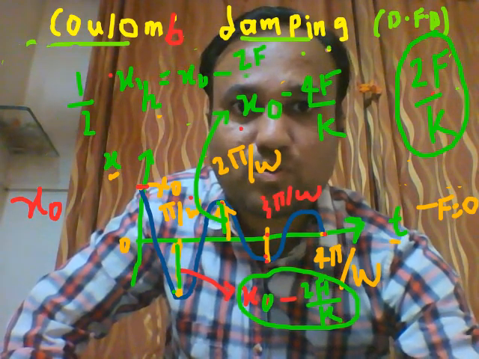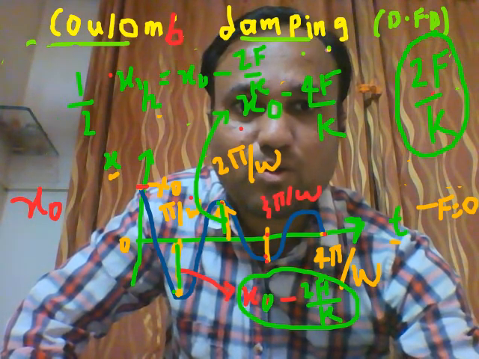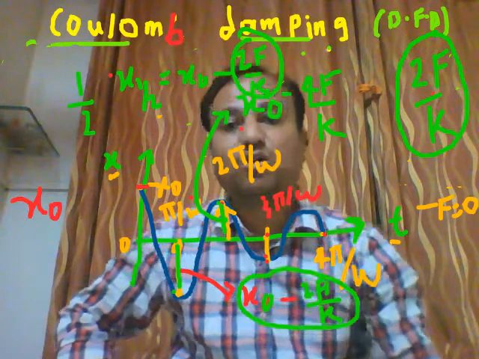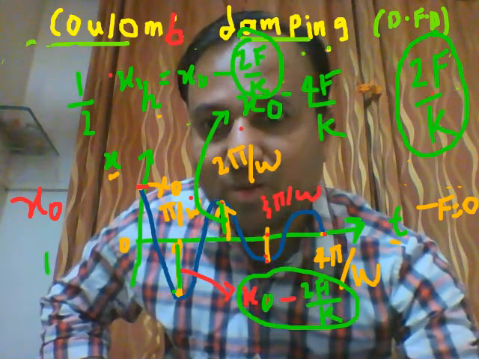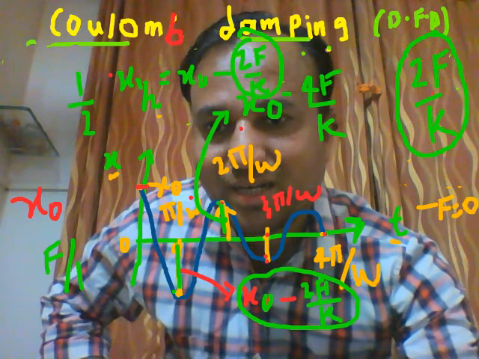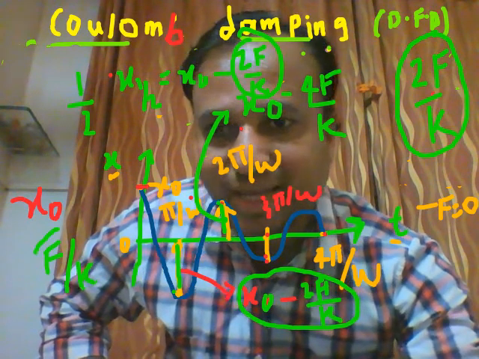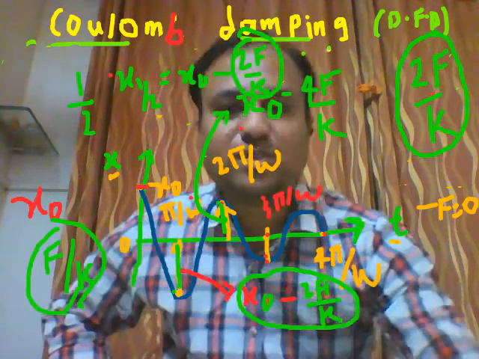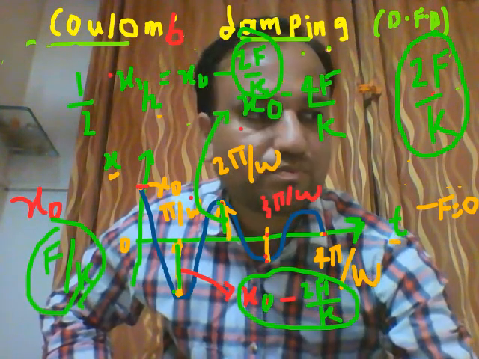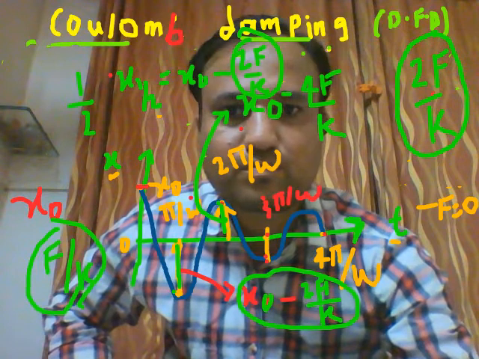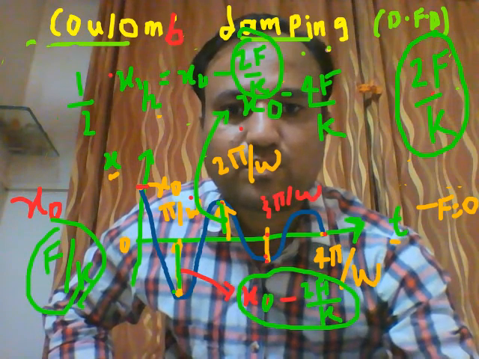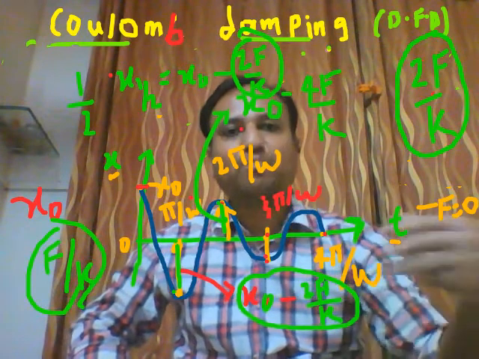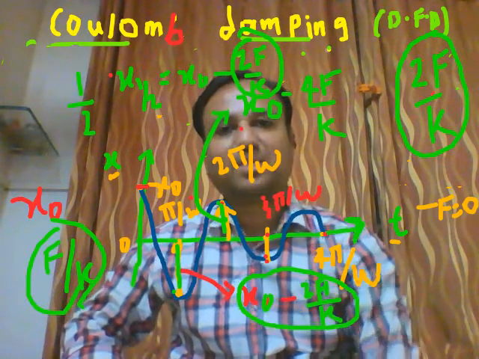So 2f by k is the decrement for half cycle. So for quarter cycle, decrement will be f by k. Student, right? Decrement will be f by k. That is for quarter cycle. Now student, 2f by k is the decrement in half cycle.